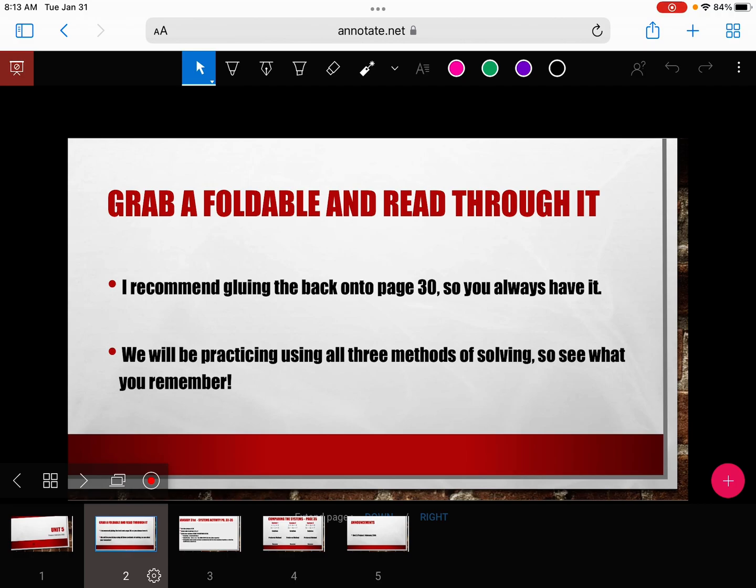Okay, so take a piece of paper out of the bucket.